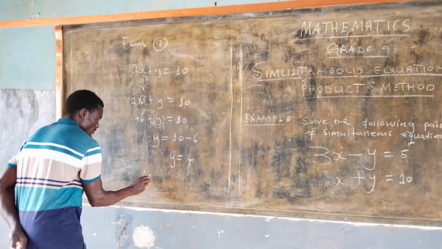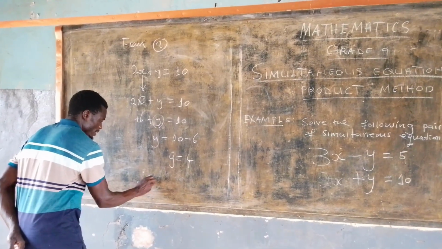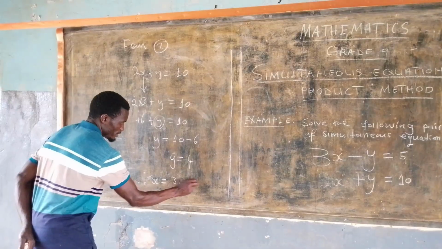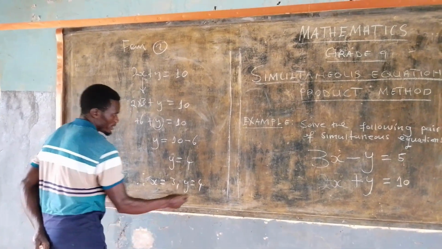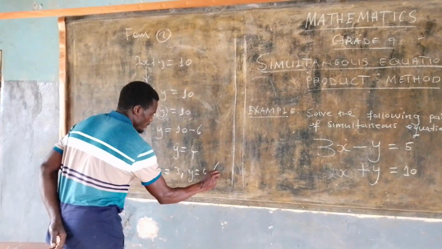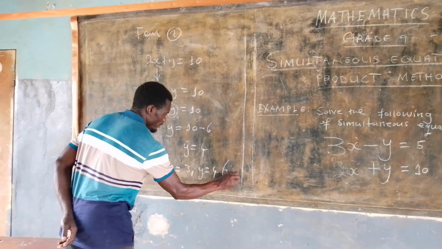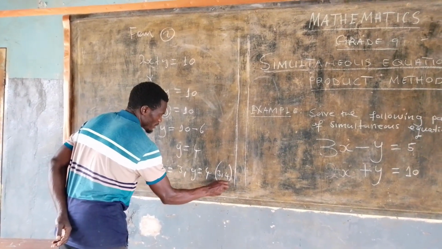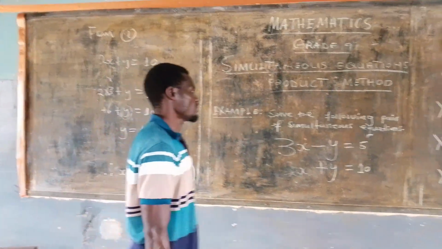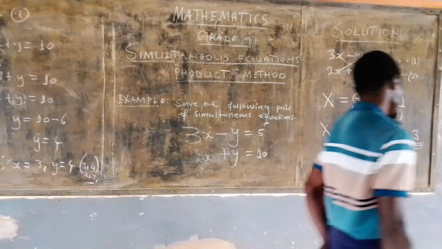Therefore, x is equal to 3 and y is equal to 4. Or you can write it in coordinate form as (3, 4), meaning this is x and that is y. So this is how we solve simultaneous equations using the product method.